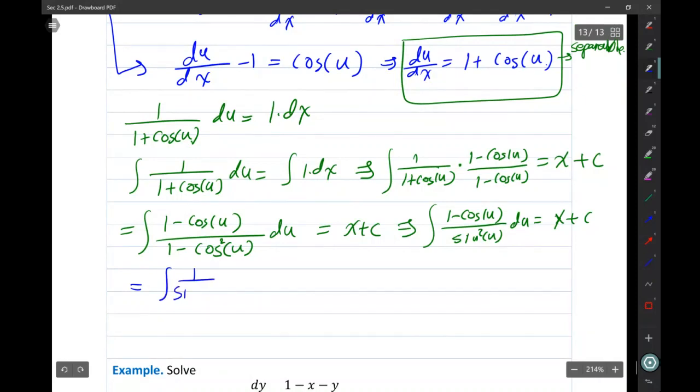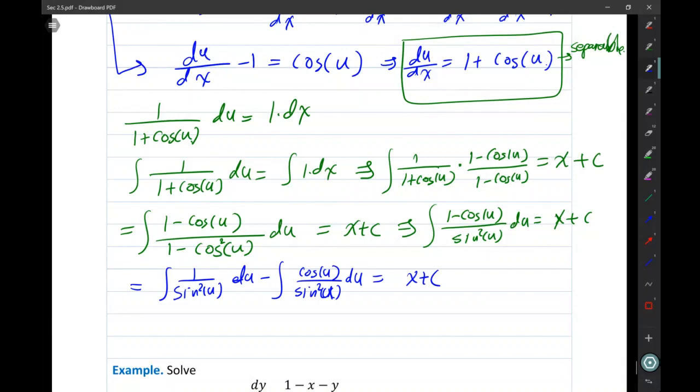It becomes the integral of 1 by sine square u du minus the integral of cosine u over sine square u du, which is equal to x plus c. Now the integral of 1 by sine square is the integral of cosecant square, right? Minus the integral of cotan cosecant.